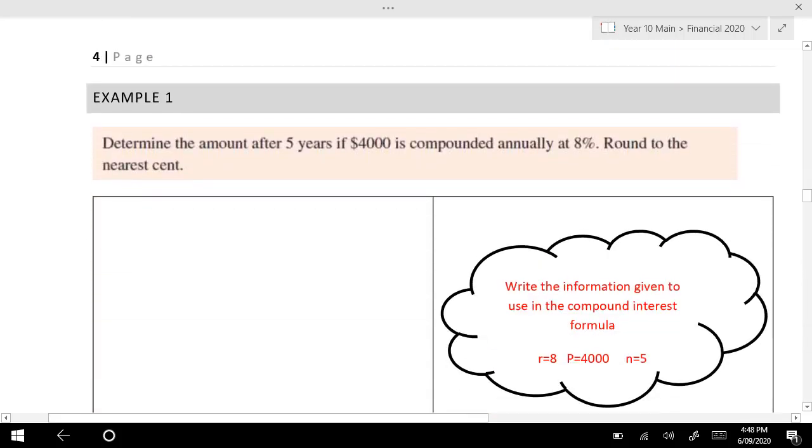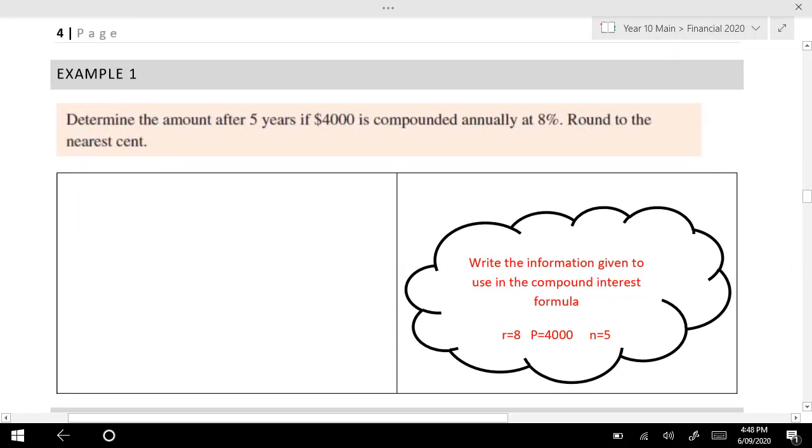So let's have a look, and let's start off with just the basic compound interest first, where we're compounding annually. We've got 8%, so with the three things we need to know the rate, the principal, and the time. We're doing it for 5 years. And of course, how often we're compounding is another important thing. So let's do this together. First of all, let's write out what our formula is.